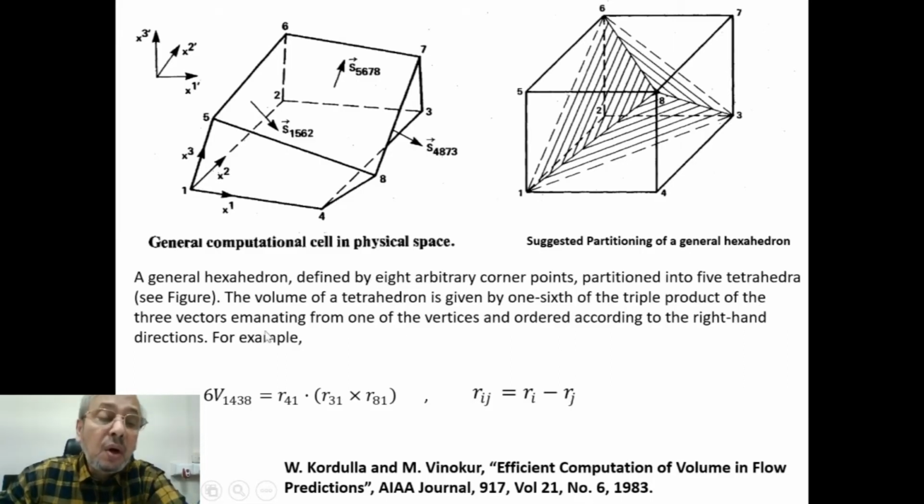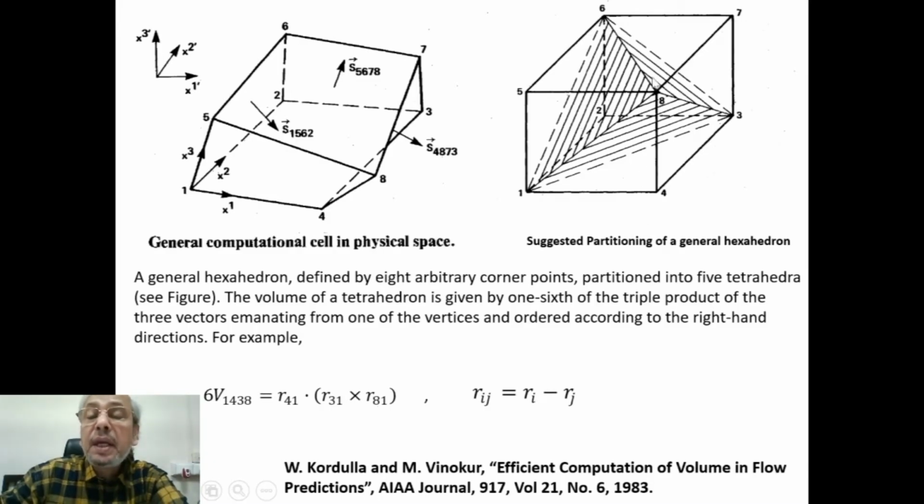So we can write 6 times the volume of 1438 equal to R41 multiplied by R31 into R81.